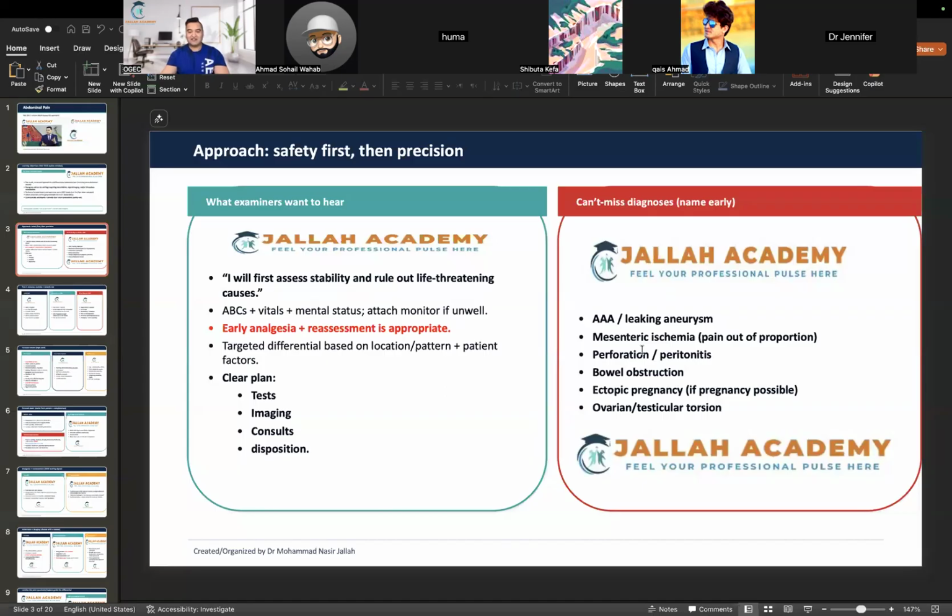Ovarian torsion, testicular torsion. So when did it happen? And how is the pain? Is it one side or both sides? Did it happen when the patient was, for example, doing an intense workout, or engaging in sexual activity, or what?